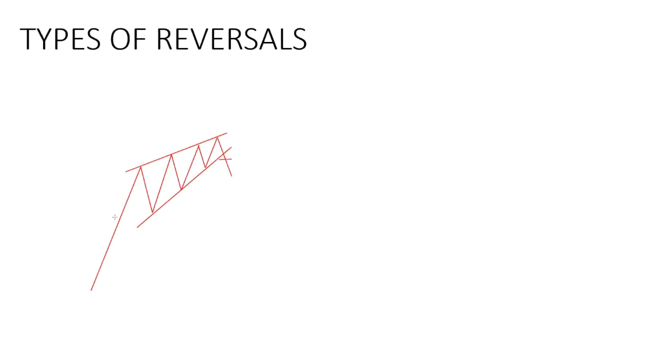It's an uptrend with a rising wedge. If you're in an uptrend and you find a rising wedge, it simply states that we're going down. It's a reversal. So if you're in a downtrend and then you get something like a falling wedge, okay, falling wedge.